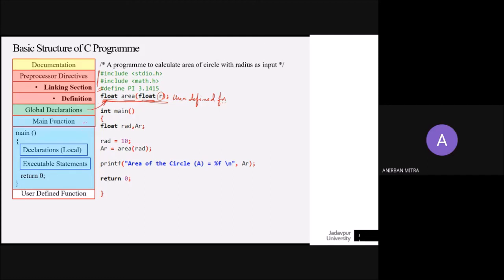The main function, of course, again starts with int main. You have the braces, you have the radius value over here, and then you see the call to the function. The value returned by this function would be stored in this variable. This variable has already been defined here. So we call the function area and supply it with this radius value.